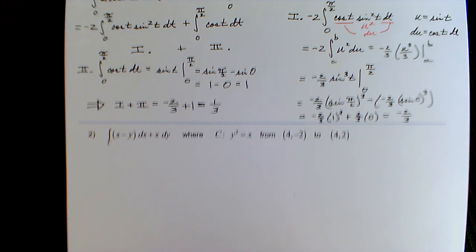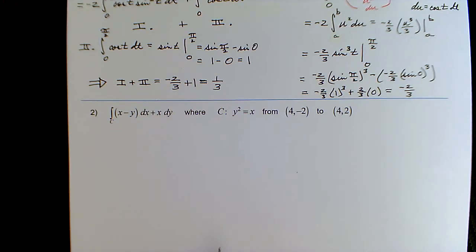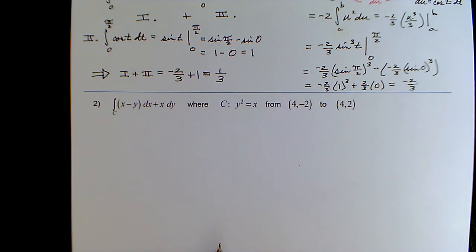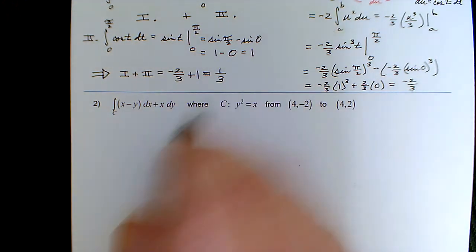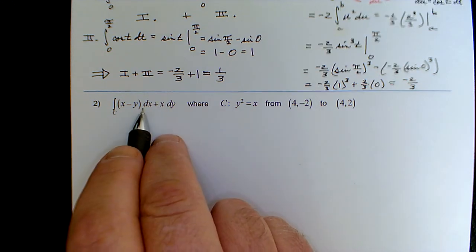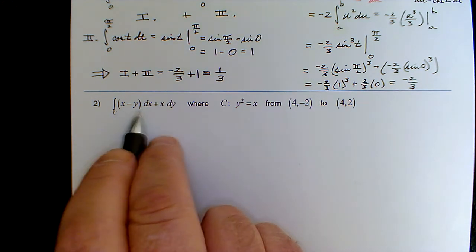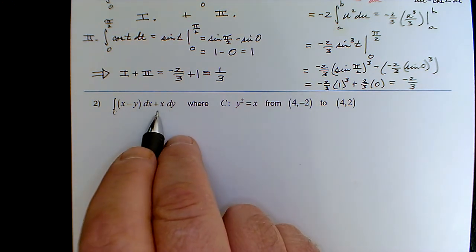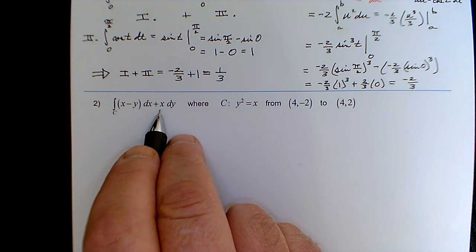This one's a little bit different because y is given as a function of x. And so in order to be able to integrate, we have to have each integral in terms of a single variable, either x or y.